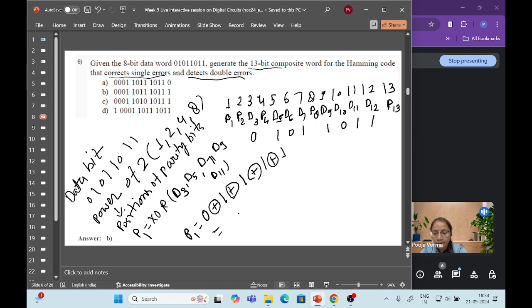So what will be the value? 0 XOR 1 is 1, 1 XOR 1 is 0, 0 XOR 1 is 1, then 1 XOR 1 is 0, right? So P1 will be 0. Okay, are you getting this?